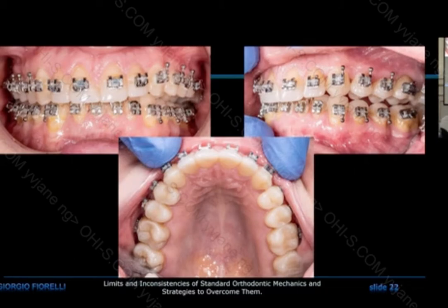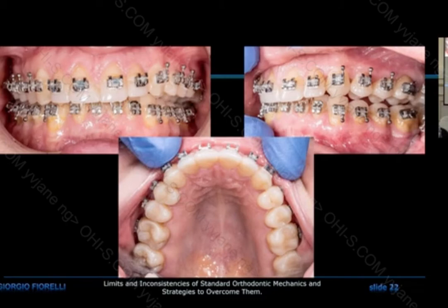So in this case, what happened is that the alignment of this canine had no real possibility to happen without a loss of anchorage, because what you see here is a loss of anchorage. There was no space for this canine, actually not enough space for this canine.